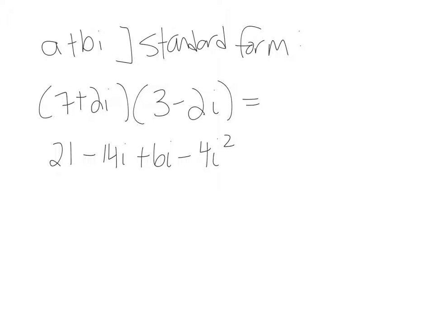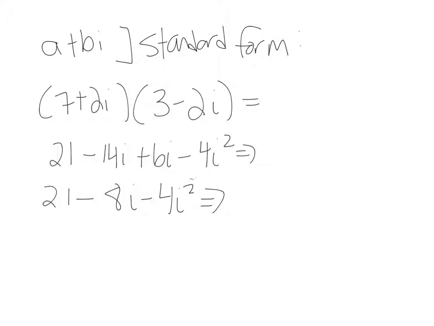So negative 14i plus 6i, we know then becomes, what's 14 minus 6? You can either do 14 minus 6 and make it negative, which is what I usually do, so that's negative 8i. So 4i squared, well, what was i squared?